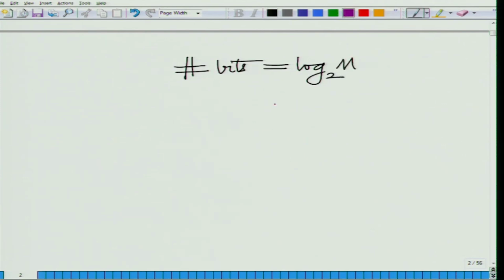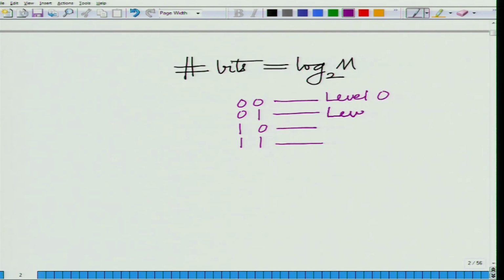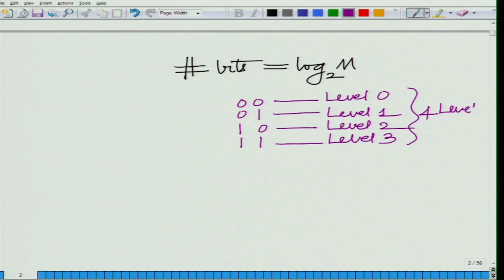For instance, if we have 2 bits, 00, 01, 10, 11, these can be mapped to 4 different levels. So this can be your level 0, level 1, level 2 and level 3. So we have 4 levels, which implies M equal to 4.